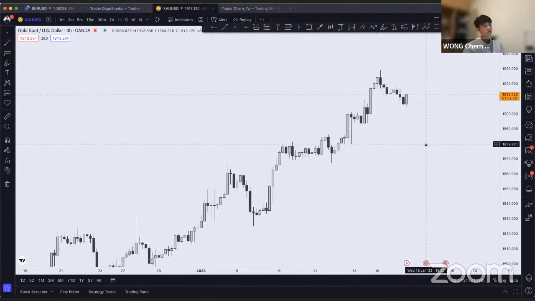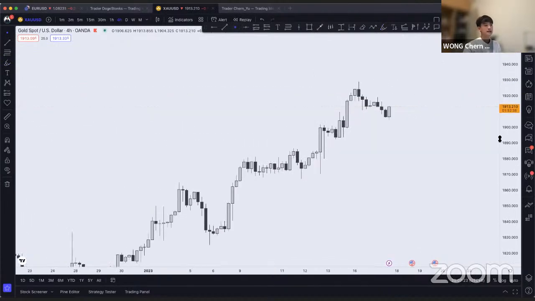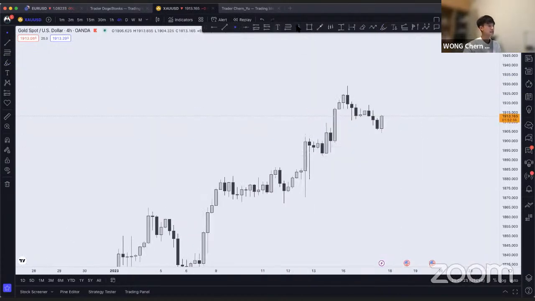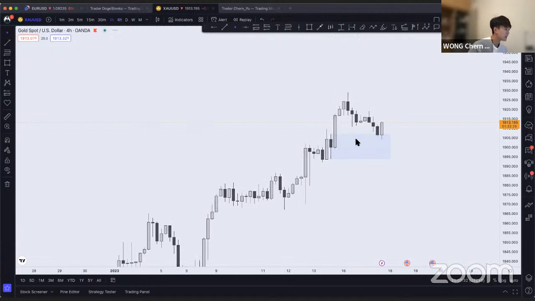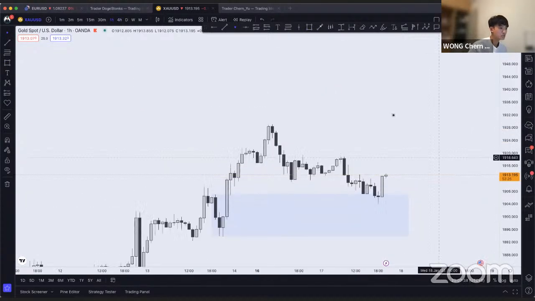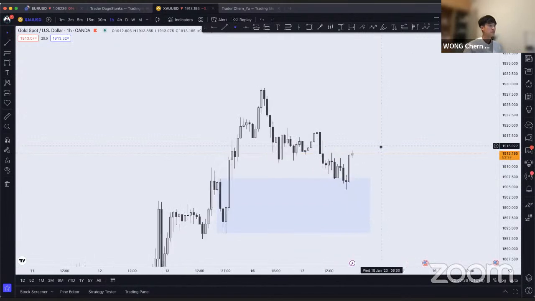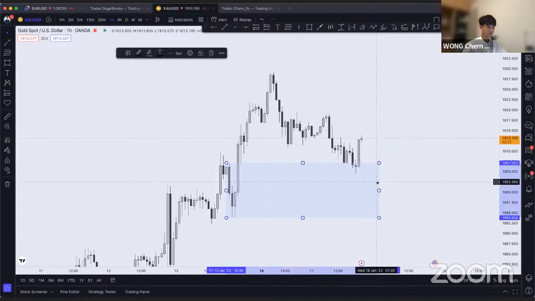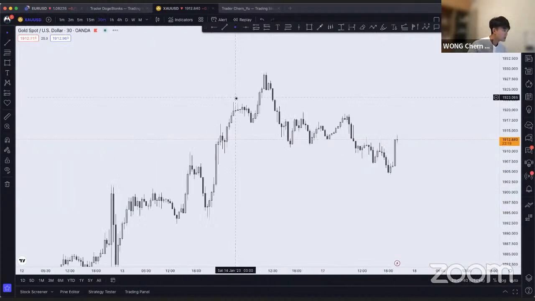And if I were to be looking out for any long setups, actually yesterday I mentioned this entire zone as a potential buy zone right over here. Let's go down to the lower time frame to analyze where a potential trade idea could have taken place. Let's talk about the 30 minutes time frame.